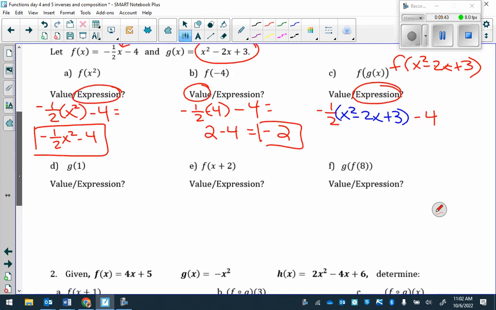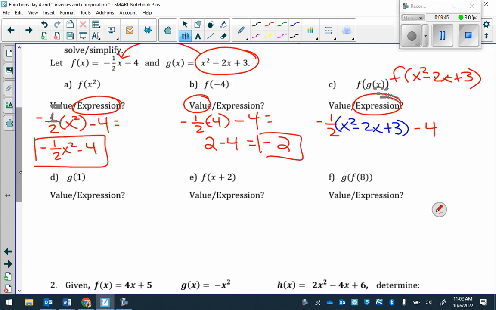So now I want to distribute. Okay. Negative 1/2 x squared. What's negative 1/2 times negative 2? 1. Okay. Negative 1/2 times 3. Negative 3/2, right?